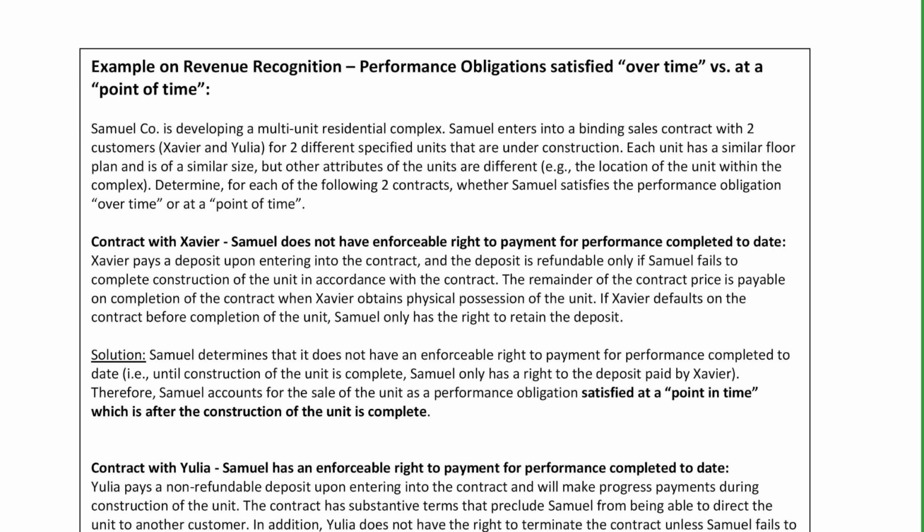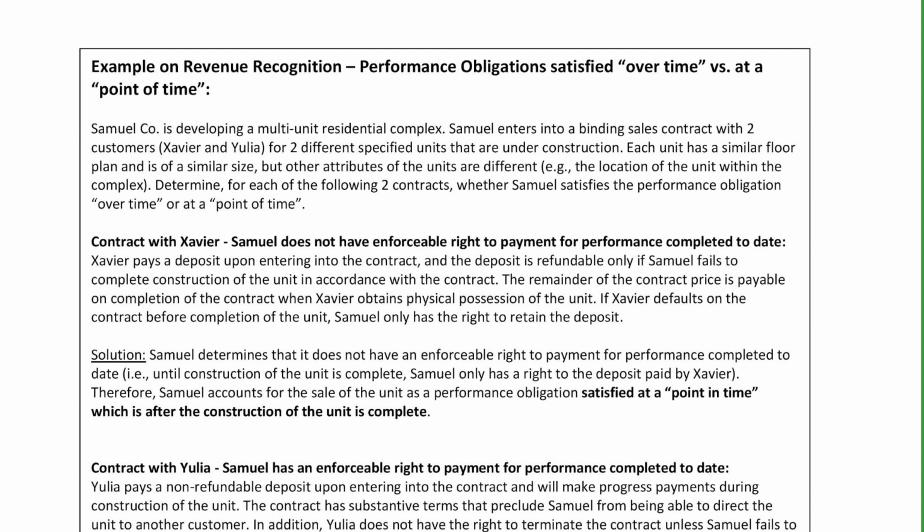Each unit has a similar floor plan and is of similar size, but other attributes of the units are different. For example, the location of the unit within the complex. Now, you've got to determine for each of the two contracts whether Samuel satisfies the performance obligation over time or at a point of time.